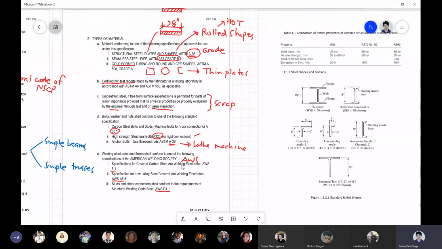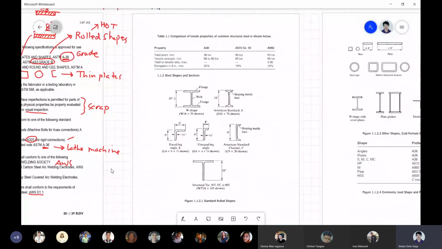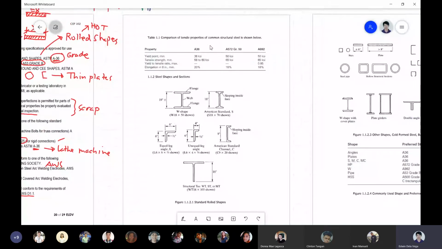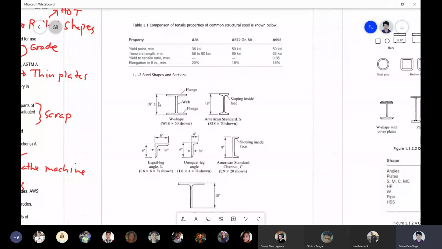So let's talk now on some of the comparison of tensile properties of common structural steel. We have, okay, most important properties, the yield point and the tensile.